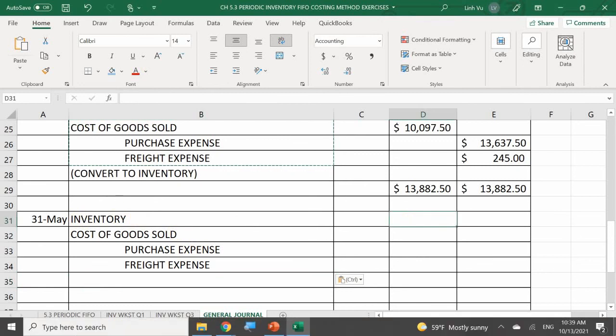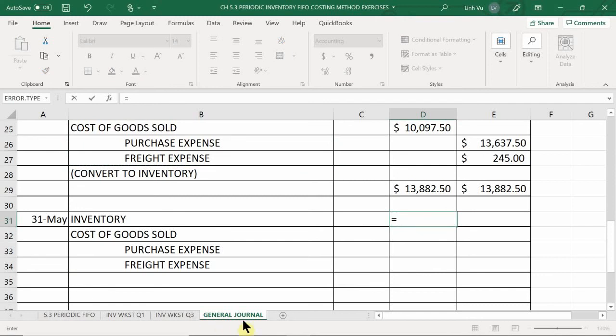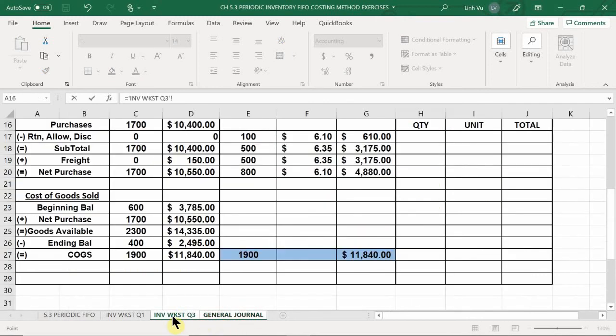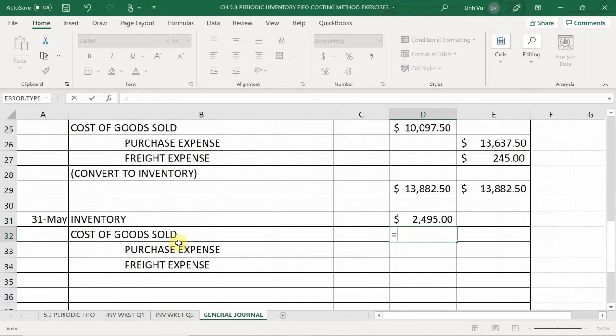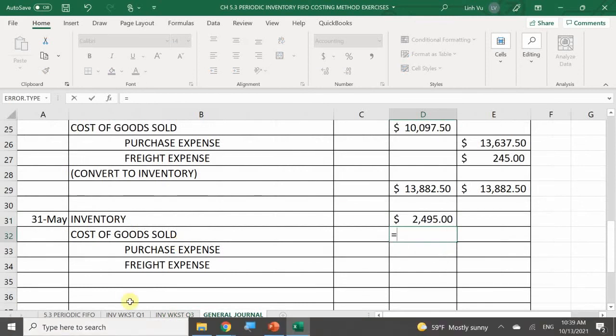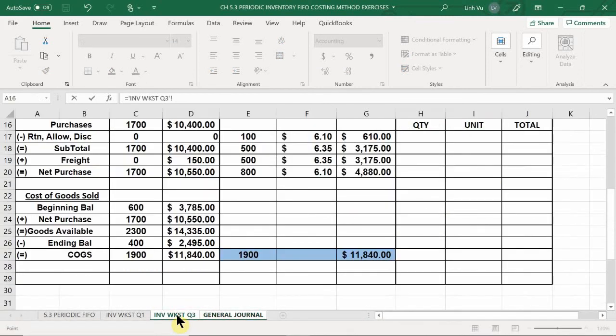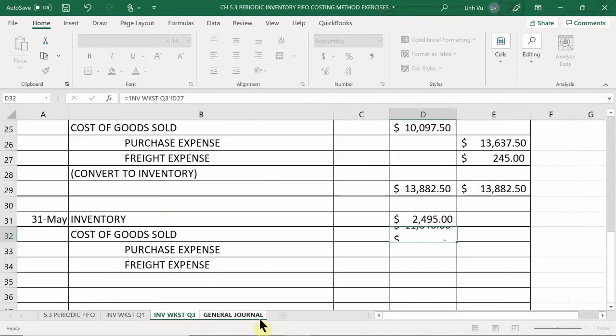So in this case, what was my total ending inventory in my worksheet? What was the total cost of my ending inventory? 2,495. What was the total cost of the goods sold? 11,840. Good.